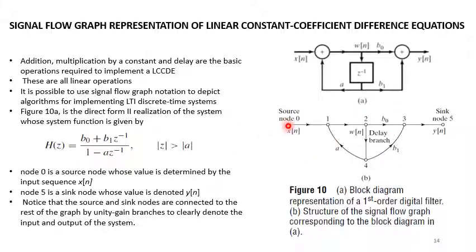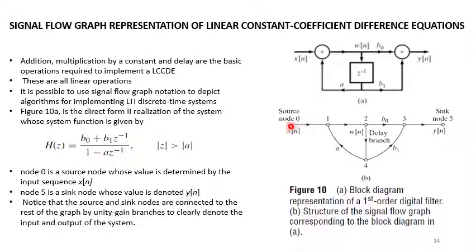So you understand this is node 0, or the source node, where we have the inputs, and this is node 5, or the sink node, from where we get the output. By looking at the equation, we note that the input is scaled by a factor of 1, and the one-unit delayed version of the input is scaled by a factor of b1. So we can write it like here.